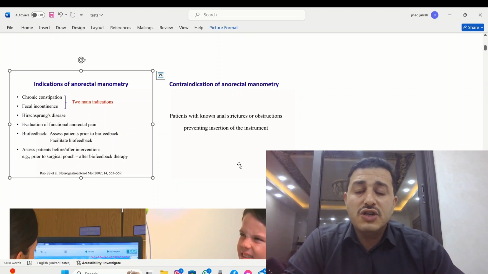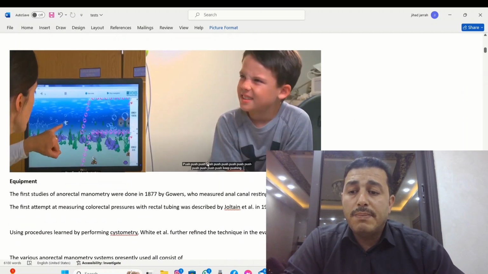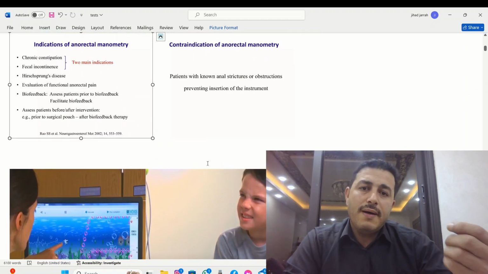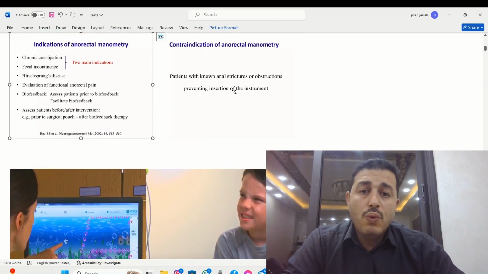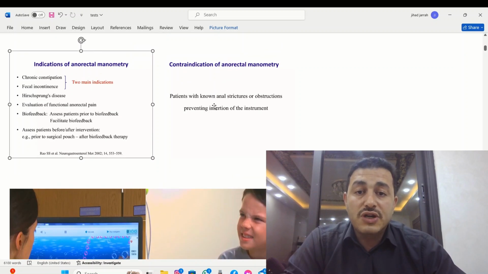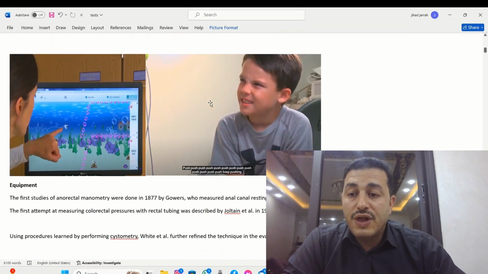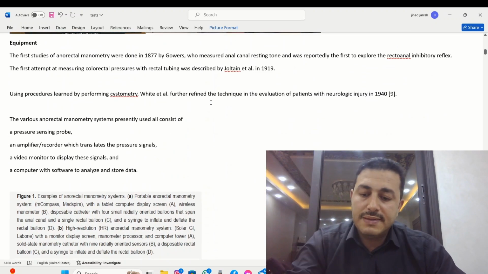Of course, the contraindications we will see when we talk about the equipment, since it requires insertion of a pressure sensing probe. So one of the contraindications is anal stricture or obstruction. What else? Let's move to the equipment.